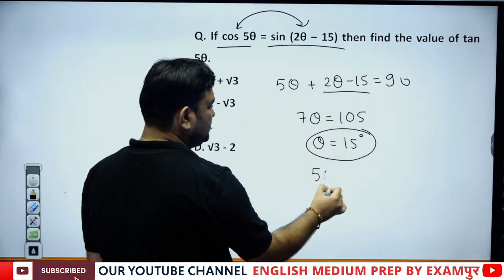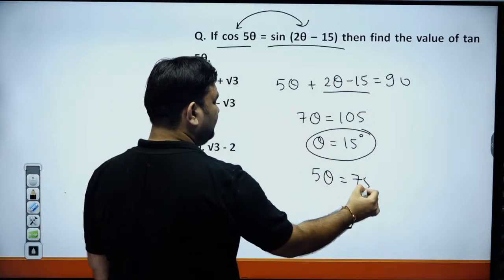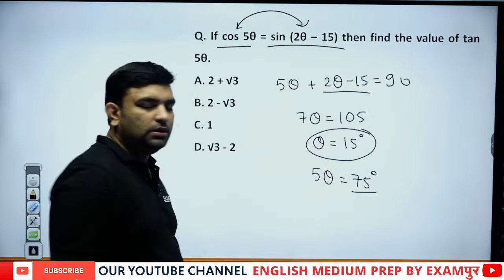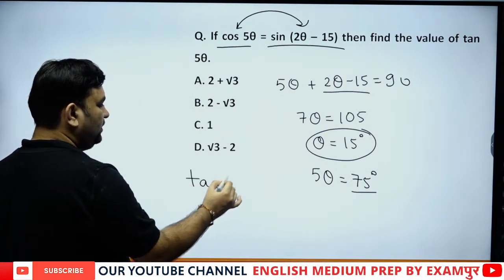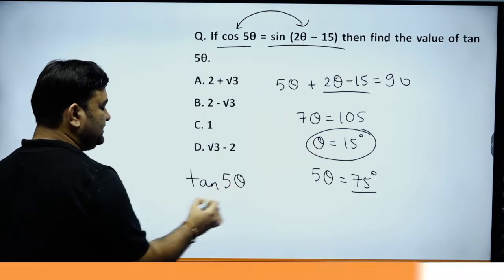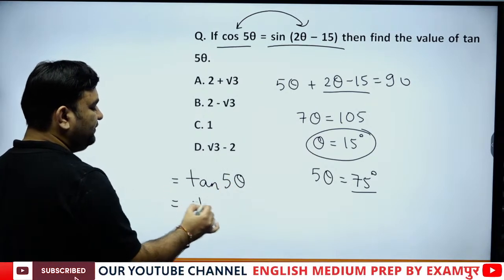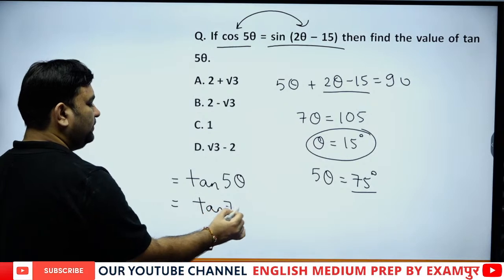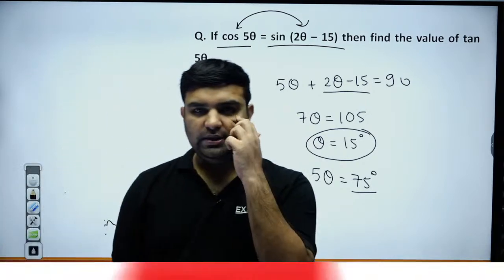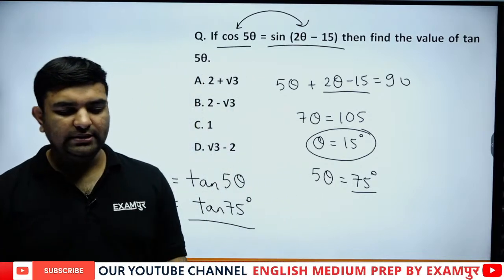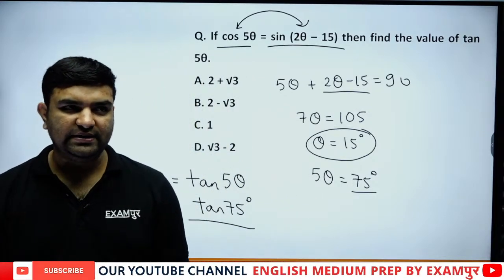But the problem is 5 theta is also 75. So the question is asking the value of tan 75, which the new students are not aware of. Previous students are aware.